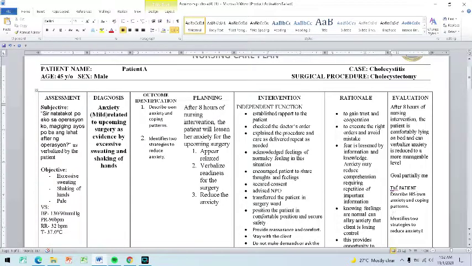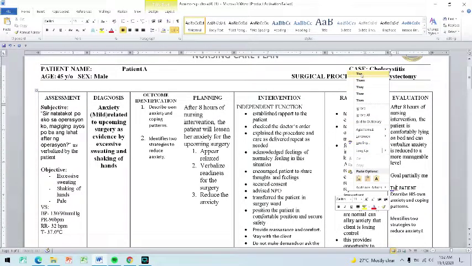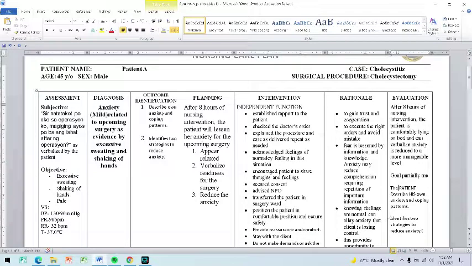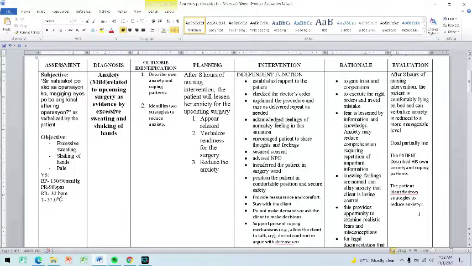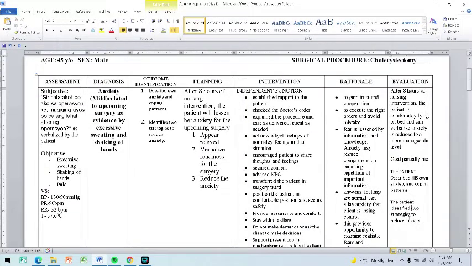Okay, next, the patient identified, it must be in past form, and described his own anxiety. So this will be our evaluation.